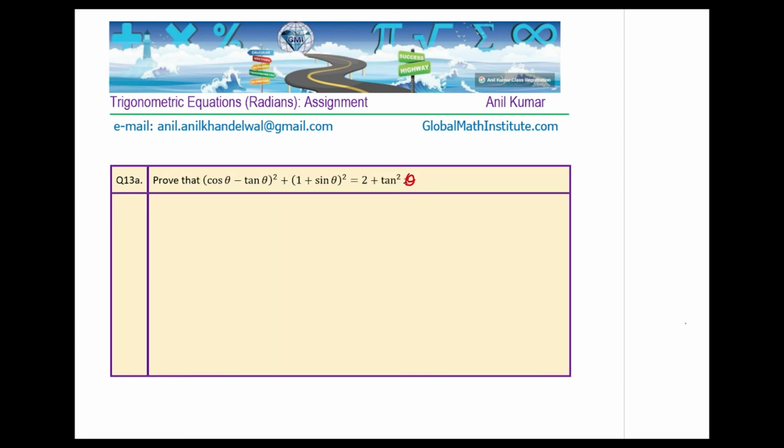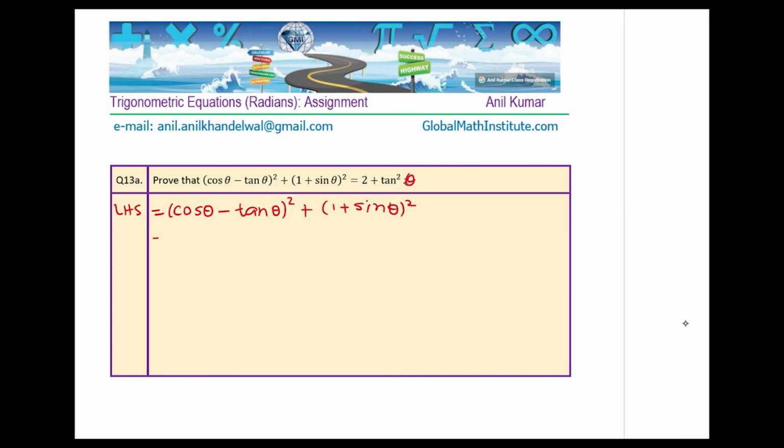Let us see how do we prove the identity first. So the identity given to us is (cos theta minus tan theta) whole square plus (1 plus sin theta) whole square. So that is the left hand side, right?